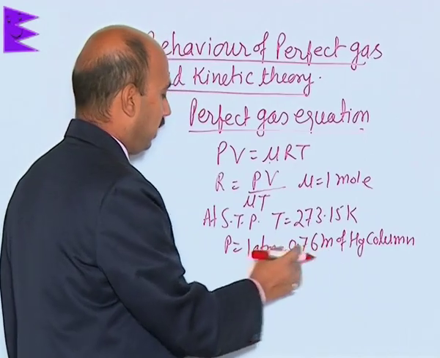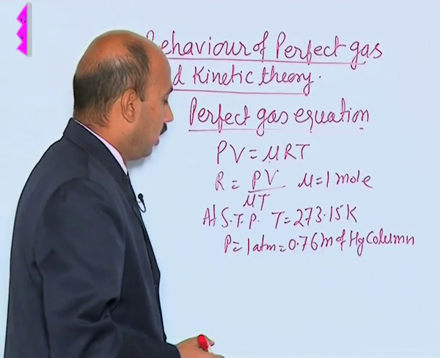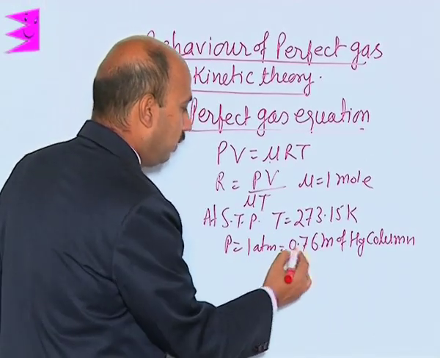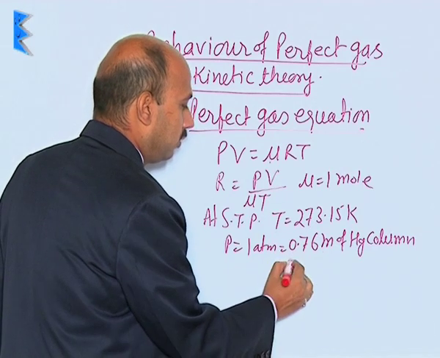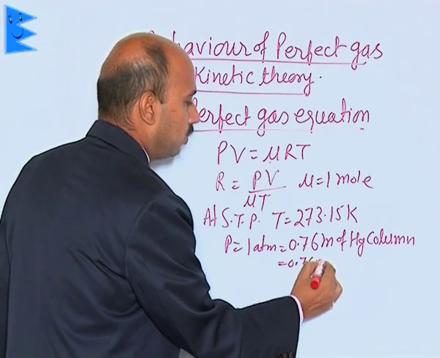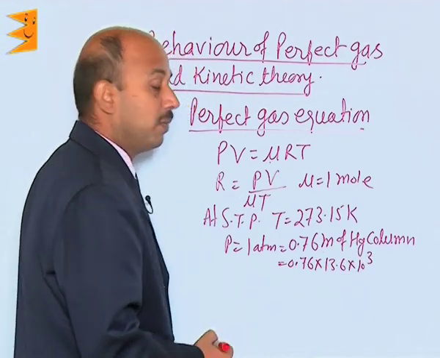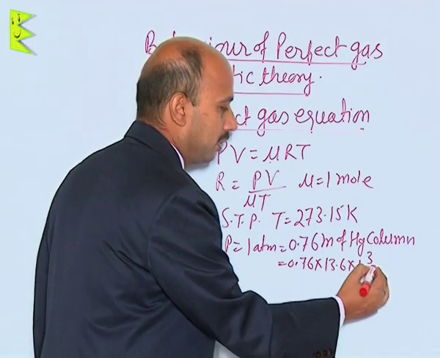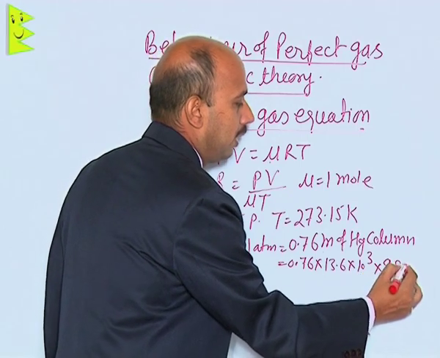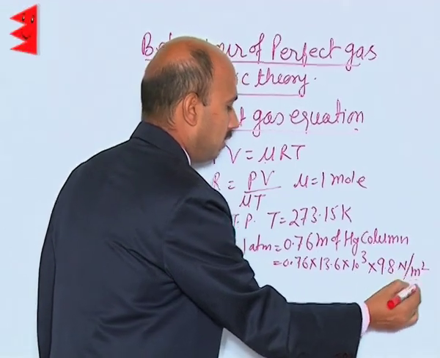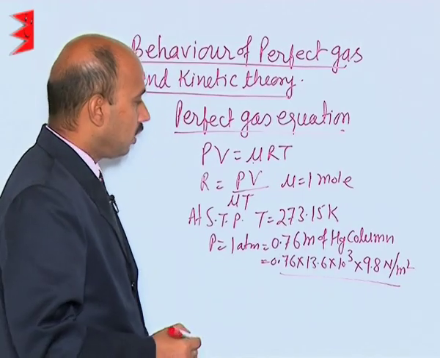That is the standard pressure. Now we can calculate it here: 0.76 into 13.6 into 10 raised to power 3 kg per meter cube, that is the density of mercury, into 9.8 Newton per meter square. This is the standard pressure.